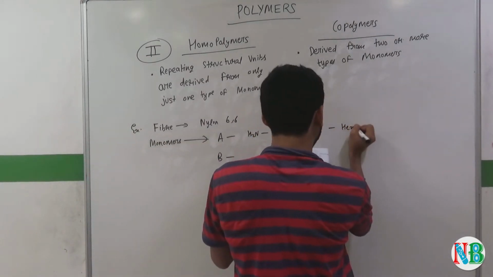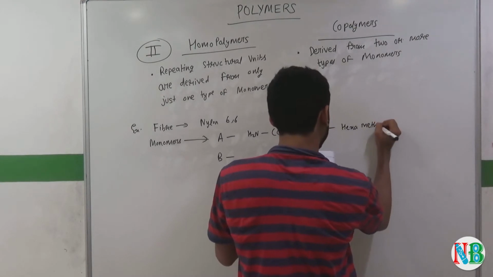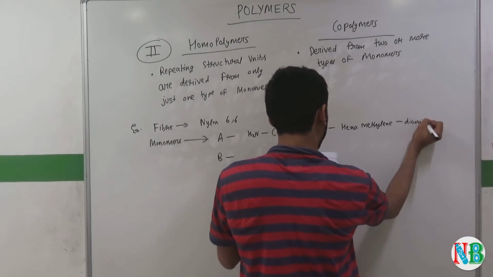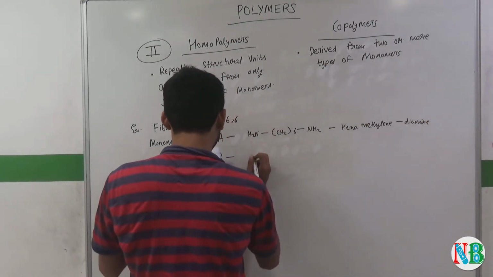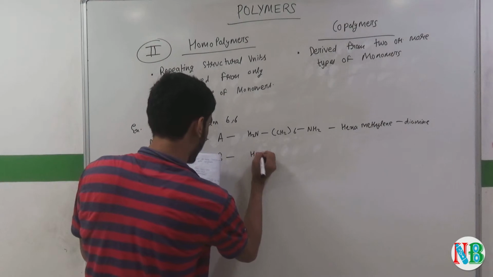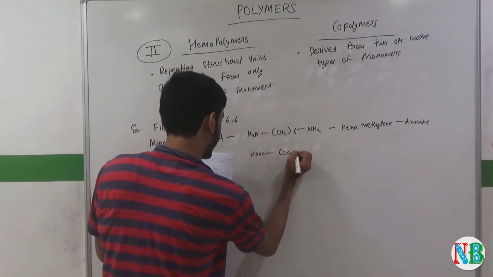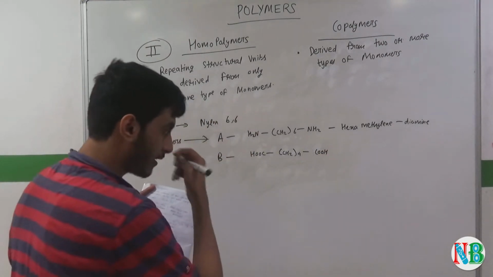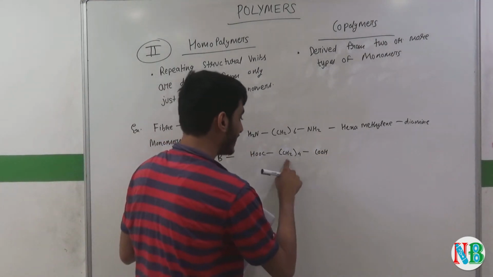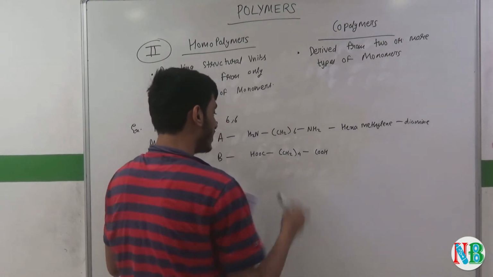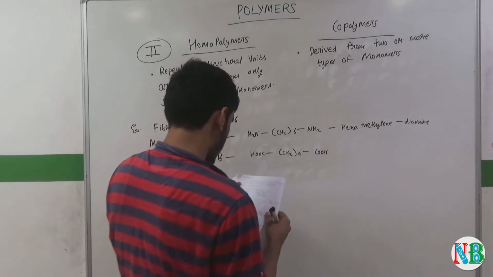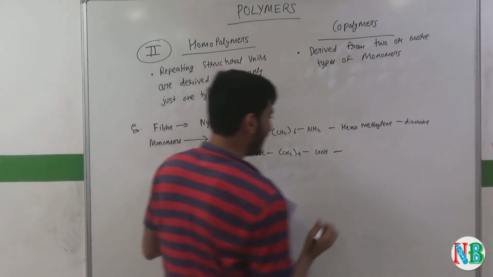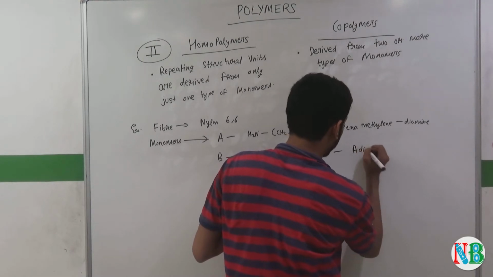So hexamethylene diamine. And the next one looks like this: HOOC, CH2 4, COOH. If we name this compound, it has 4 methylene groups and 2 acid groups. This structure is commonly named adipic acid.